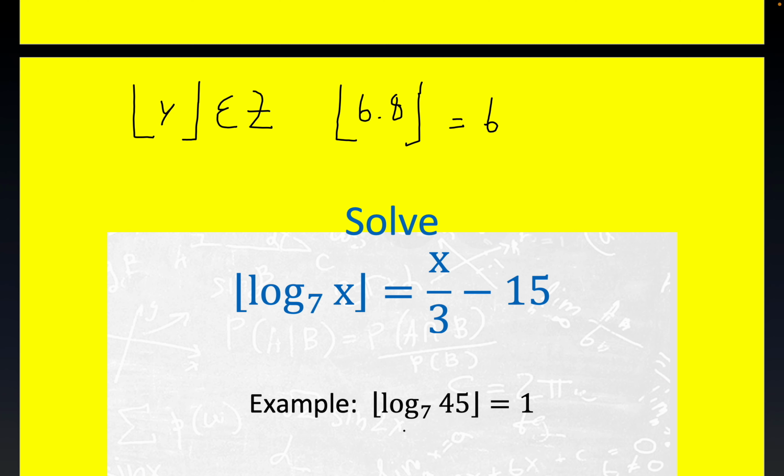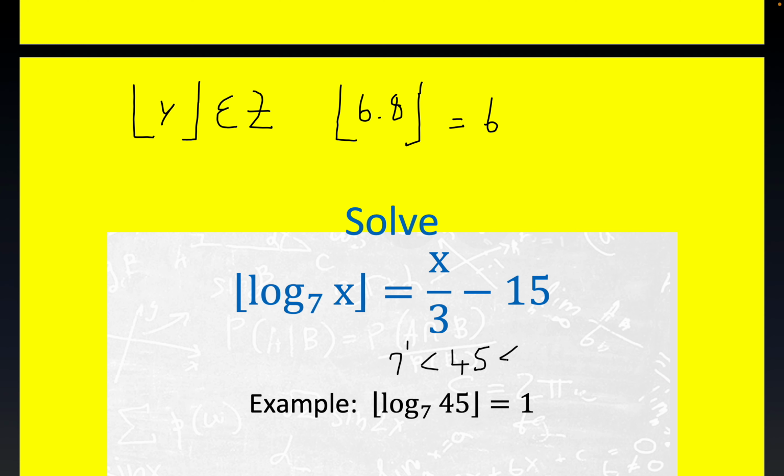Notice here that 45 is between 7, and I'll put 7 to the first power for emphasis. 7 to the first power, or 7, is strictly less than 45, but 45 is strictly less than 7 squared, which is 49. Okay?